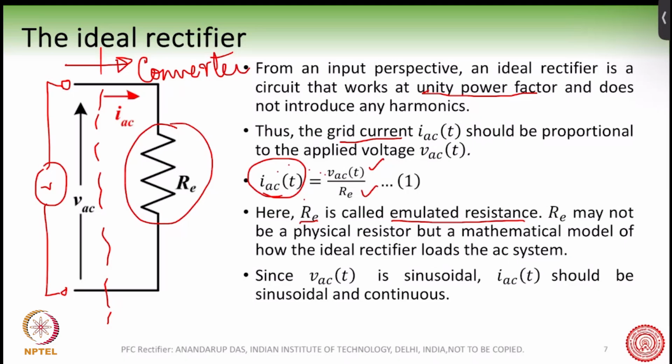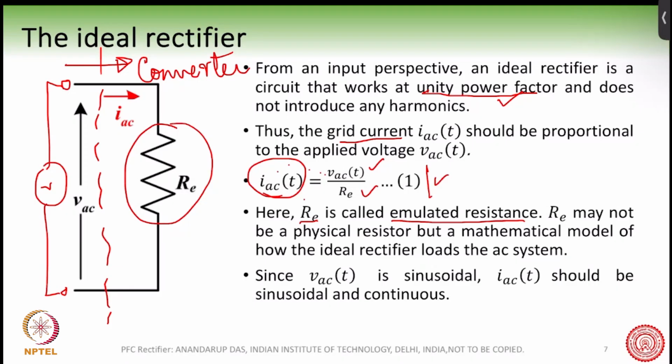If it is perfectly sinusoidal, then the harmonic distortion is zero, and we have the ideal condition, a perfect sine wave input current. Also, since this is unity power factor, the current and the voltage are always in phase, and therefore relationship one here is perfectly valid.